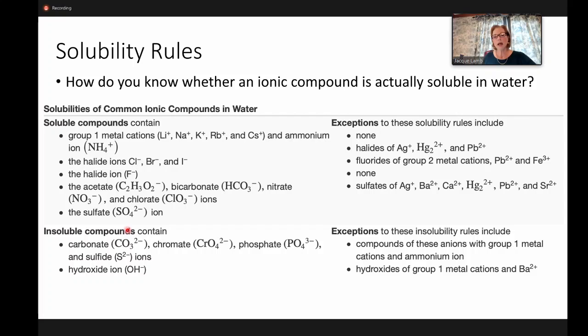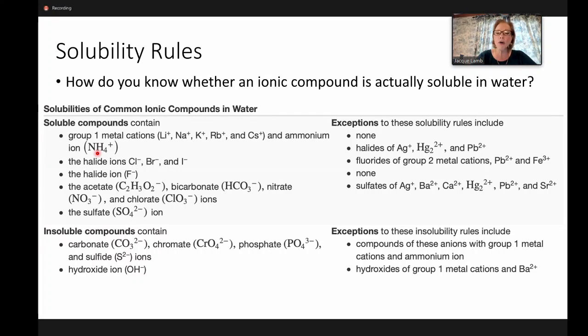The first rule for soluble compounds is that any compound containing a group 1 metal, lithium, sodium, potassium, rubidium, cesium, is always soluble, and also anything containing ammonium, like ammonium sulfide or ammonium chloride.